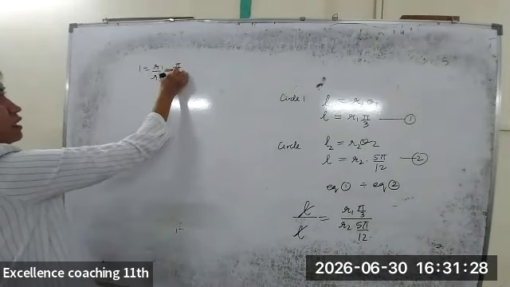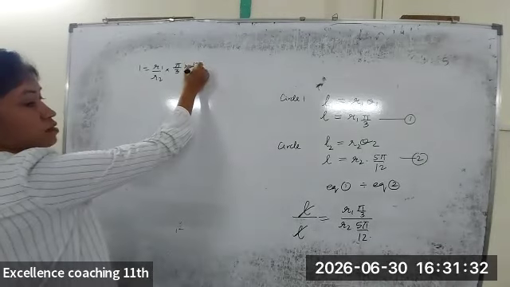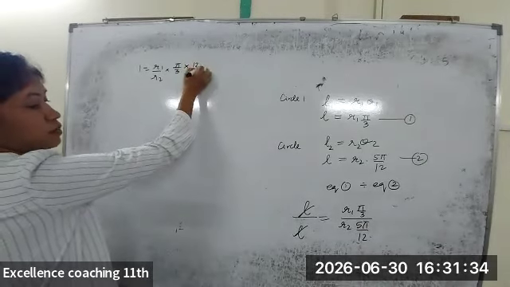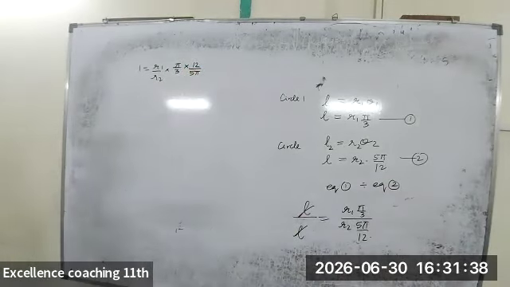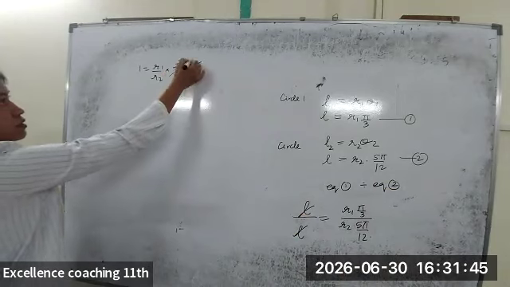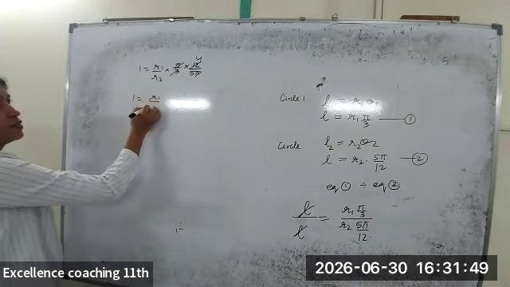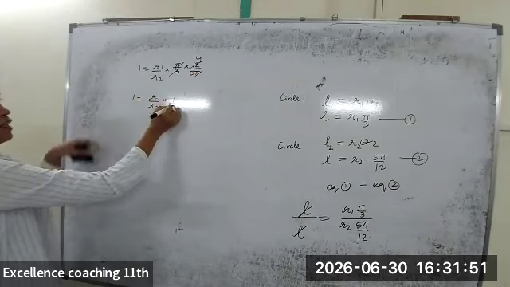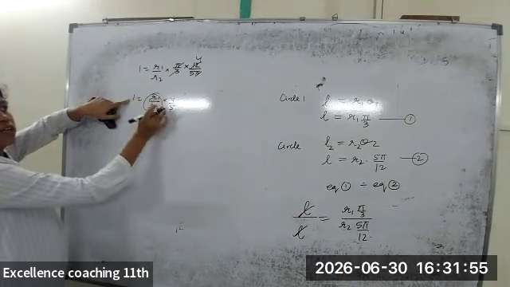So pi by 3 into this, which will become 1. Now take the reciprocal, since you need R1 upon R2.